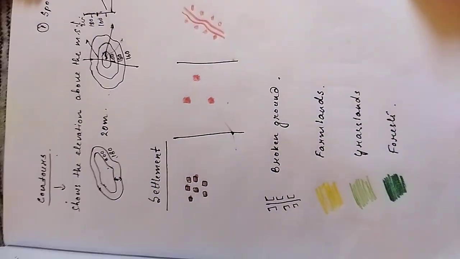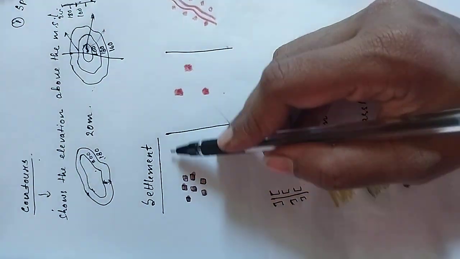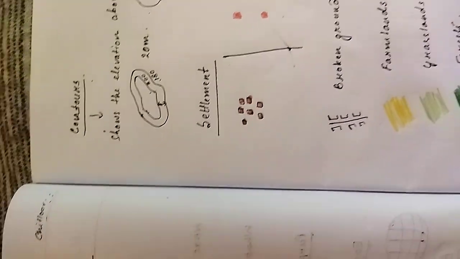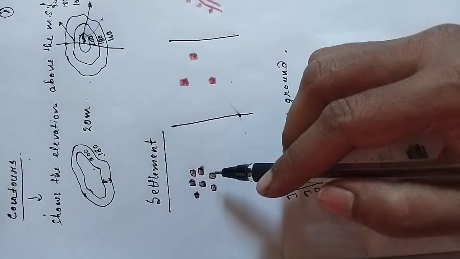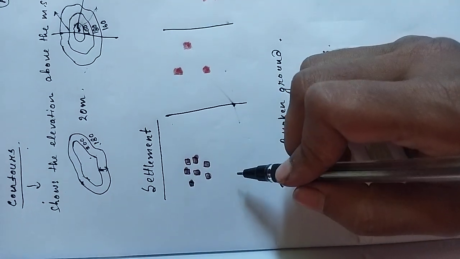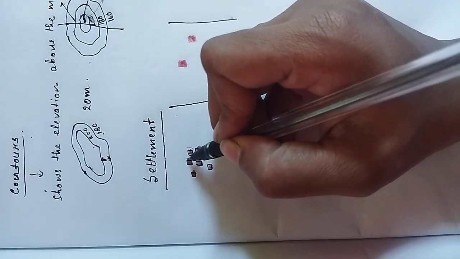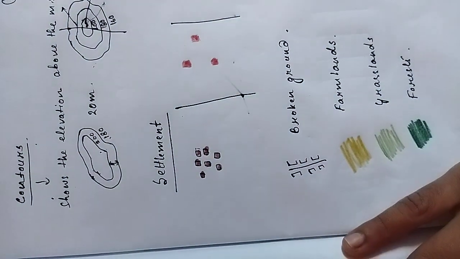Now another thing is the settlement. We know the settlement denotes the people living in that particular area, and it is shown in a box symbol like this, which is red in color.